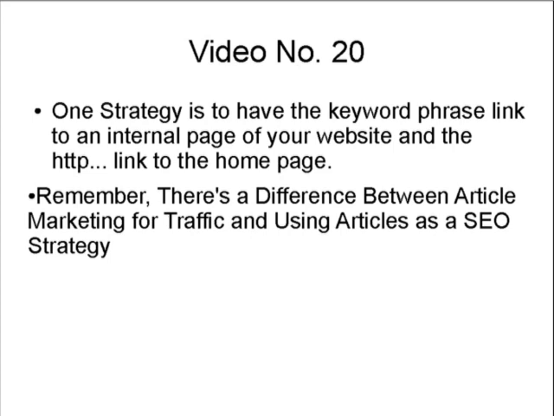Now, this works better if you're using articles as an SEO strategy than when you're using article marketing for traffic. If you're using article marketing for traffic, it's usually best to have puppy dog training and the HTTP link both linked to your main page. However, if you're trying to build an SEO based article strategy, you can use them differently.